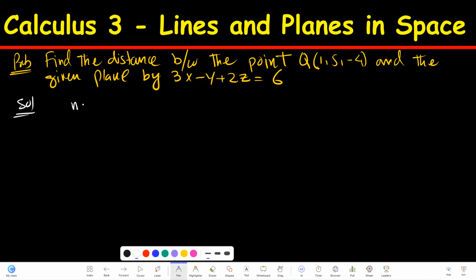So first I need to find n, right? n is basically a vector. I take the plane and take the coefficients a, b, c, which are 3, minus 1, 2. One student asked me how I can get these, professor? It's basically a(x minus x1) plus b(y minus y1) plus c(z minus z1).